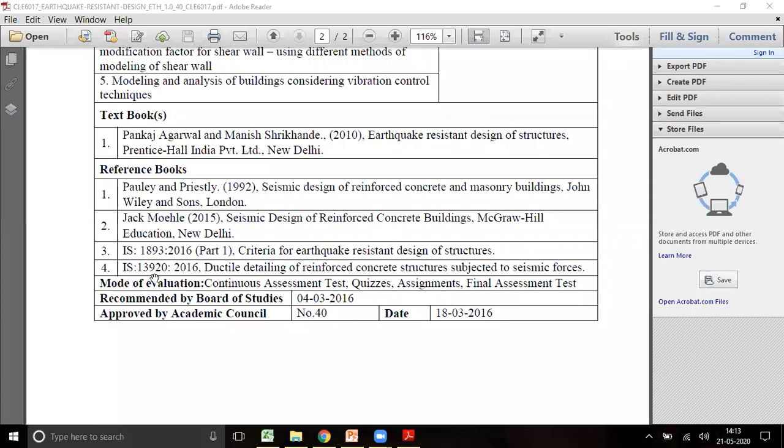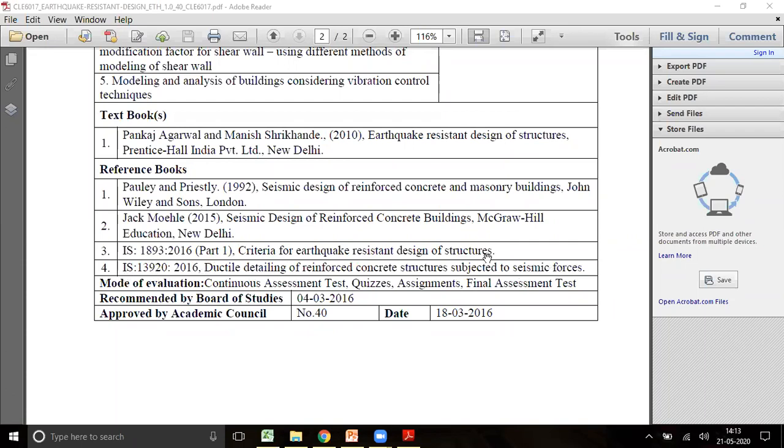Okay, so 13920 2016, this is the ductile detailing of the RC structures, subjected to the forces which are calculated based on 1893 Part 1. Okay, so this is for design and this is for analysis. 1893 2016 for analysis, 13920 for design purpose.